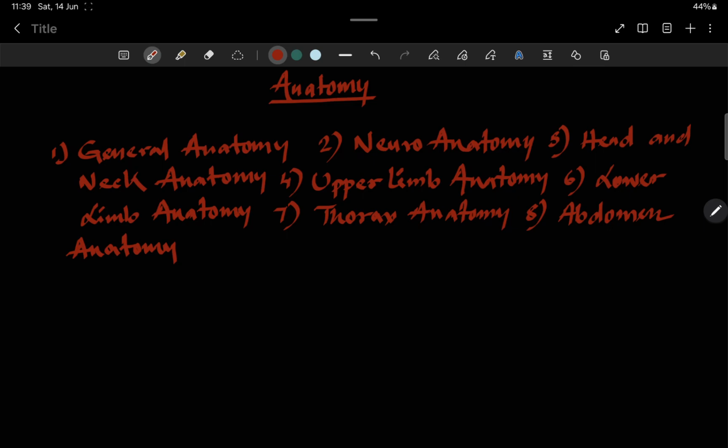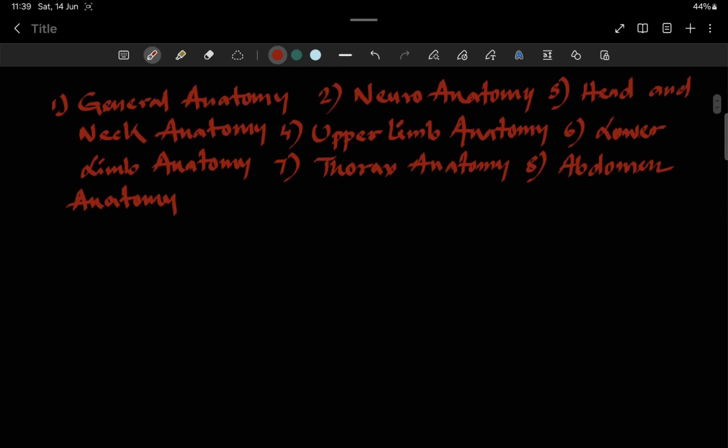Okay, today we are going to study the abdomen anatomy.